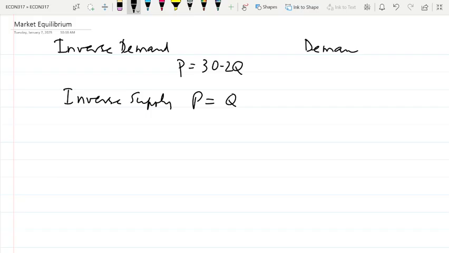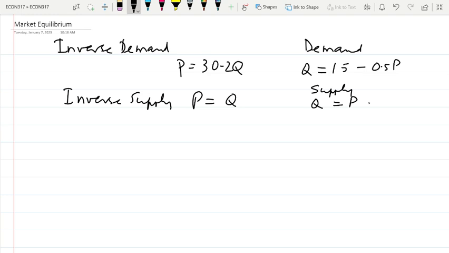I would like you to verify that the inverse demand P equal to 30 minus 2Q is equivalent to Q equal to 15 minus 0.5P. And then we will also write down the supply, which is straightforward in this situation, Q equal to P.